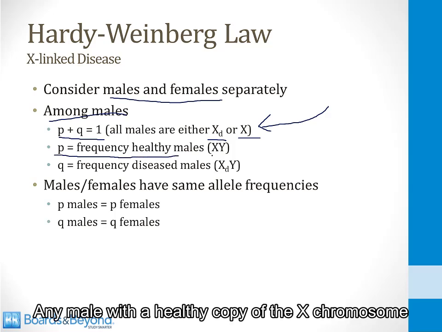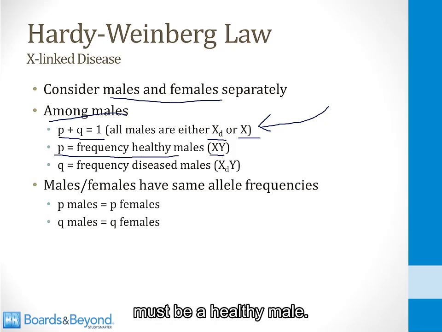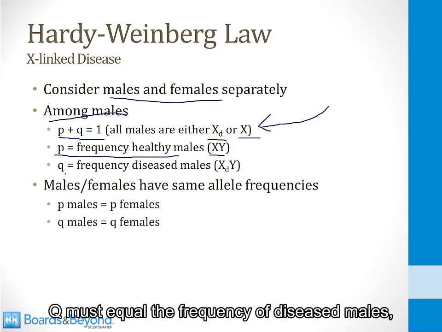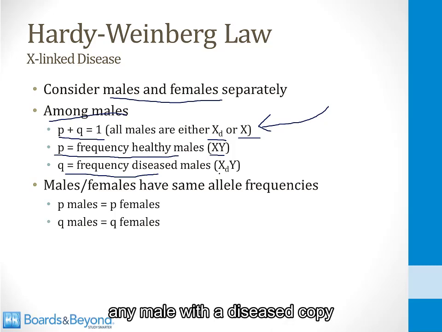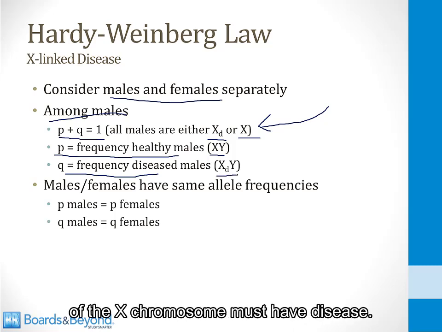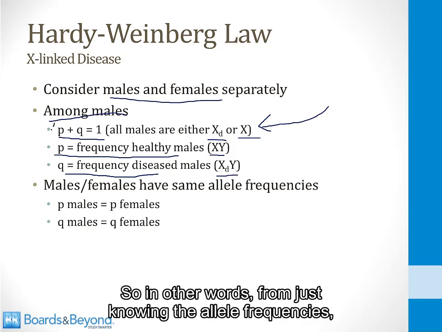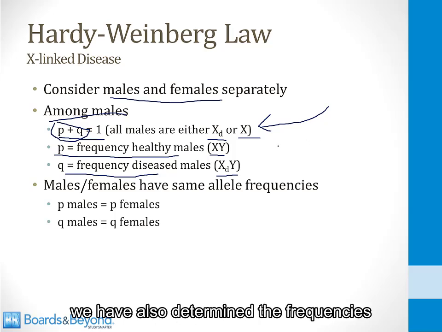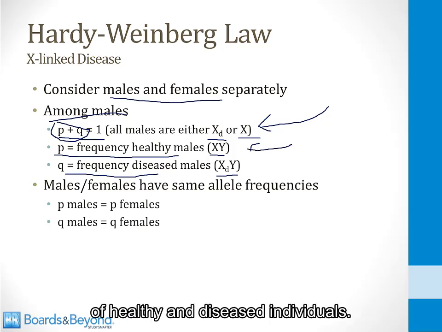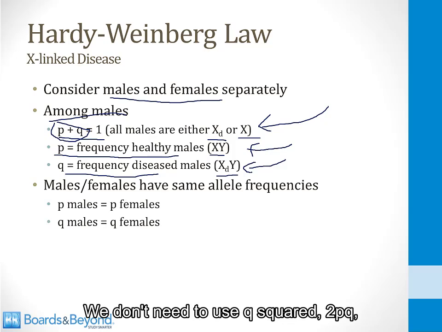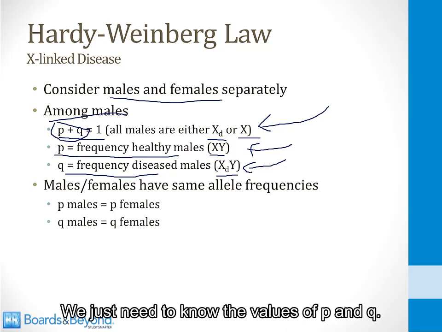Any male with a healthy copy of the X chromosome must be a healthy male. Q must equal the frequency of diseased males. Any male with a diseased copy of the X chromosome must have disease. So in other words, from just knowing the allele frequencies, we have also determined the frequencies of healthy and diseased individuals. We don't need to use Q squared, 2PQ, or P squared among the males. We just need to know the values of P and Q.